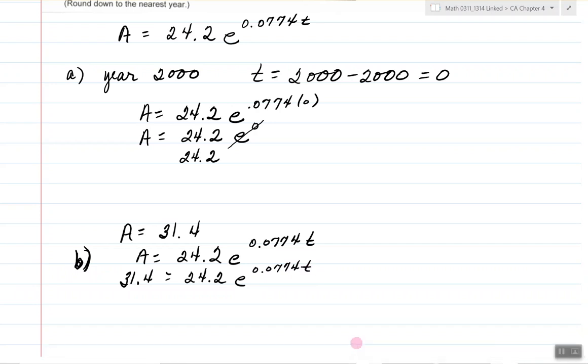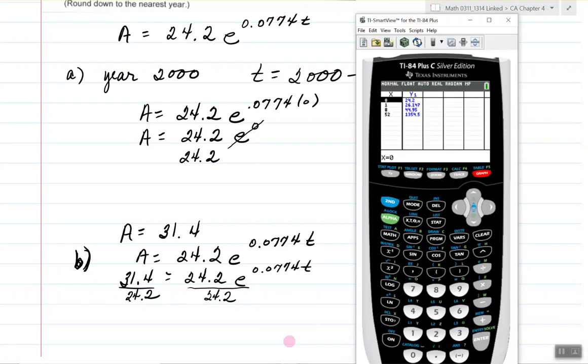All right, I'm going to isolate the exponential. So I'm going to divide by 24.2, divide by 24.2. Okay, I have 31.4 divided by 24.2.